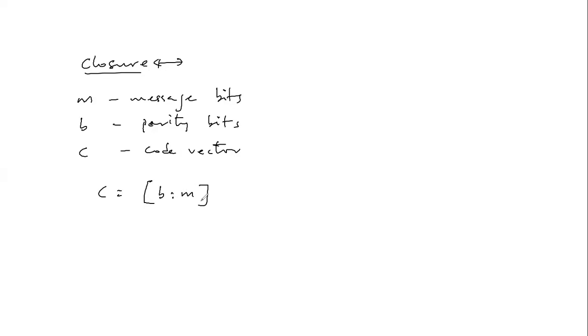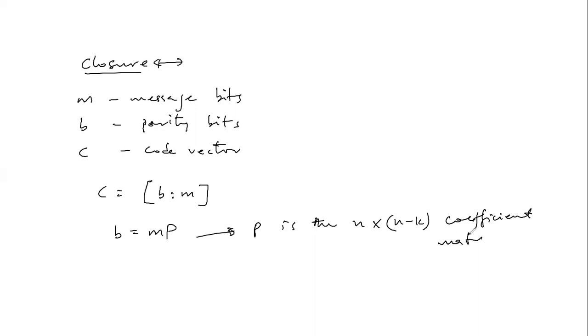But in matrix form, the parity bit B is the same as MP, where P is the k by n minus k coefficient matrix. And this matrix is defined as P being the same as P sub i j.